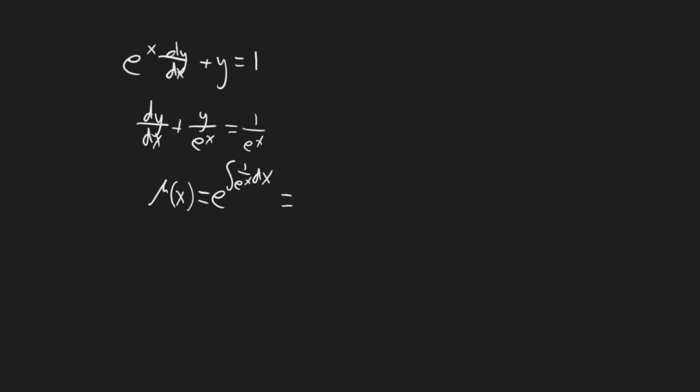And so this is the same thing as e to the integral of e to the negative x dx. So e to the integral of e to the negative x dx is just e to the negative e to the negative x, like this. Looks kind of silly, honestly, but that is the integrating factor in this case.